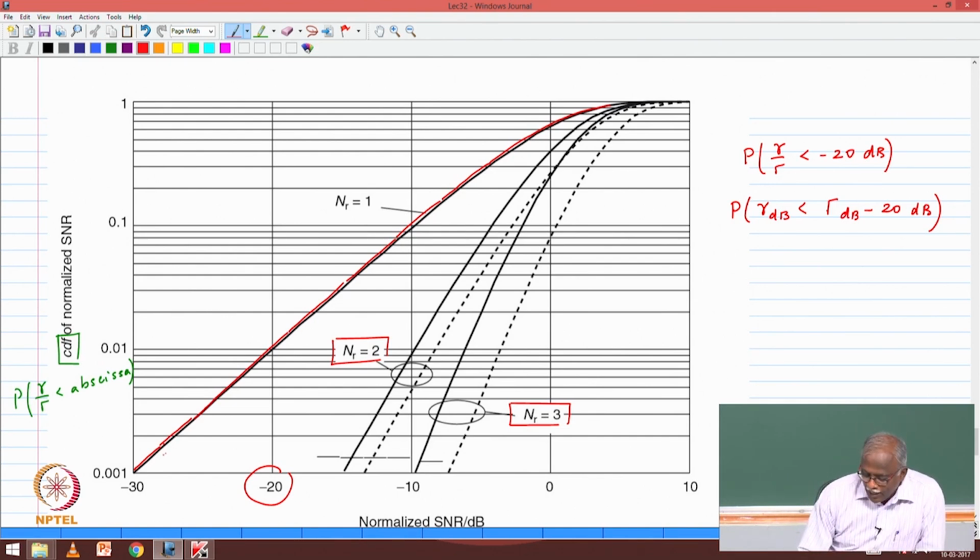When you had only one antenna, you had a fairly high probability that you could hit that bad point, that your instantaneous SNR is 20 dB below the average SNR. But notice when you have two antennas independently faded, that scenario is almost taken out, the probability is actually very, very low.